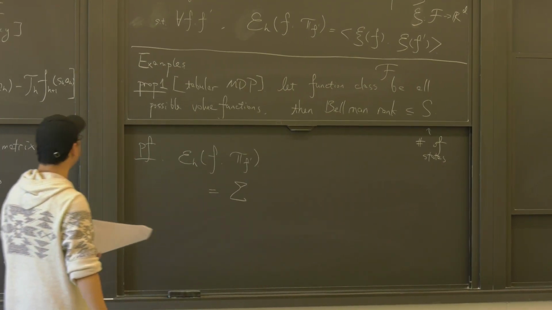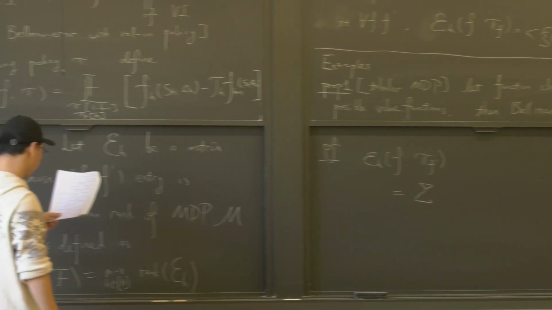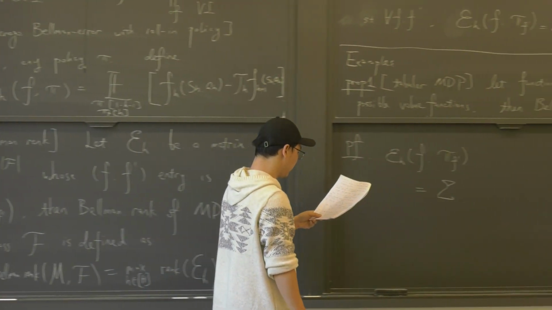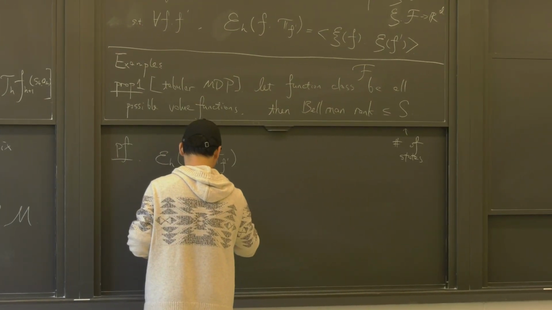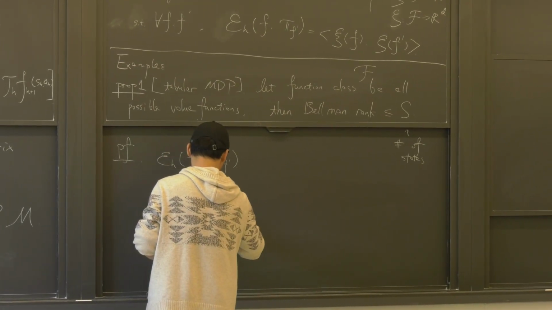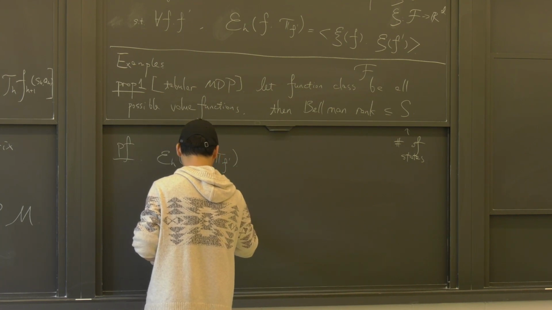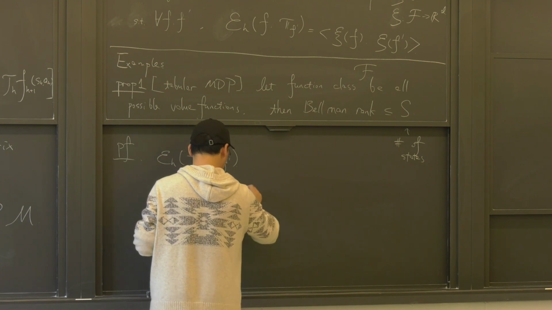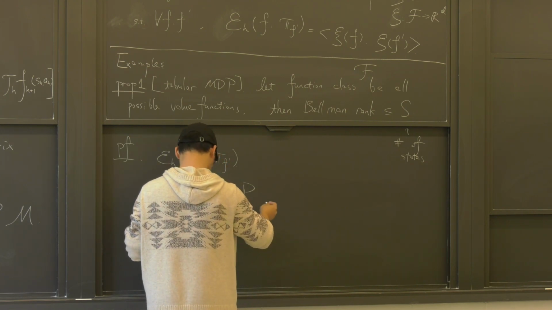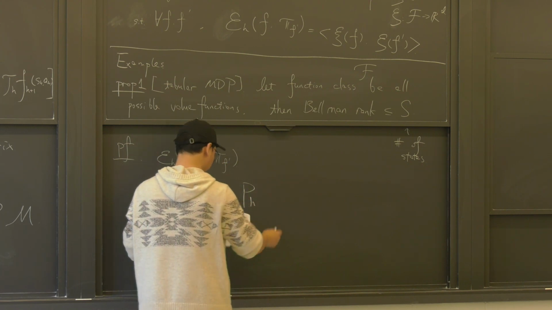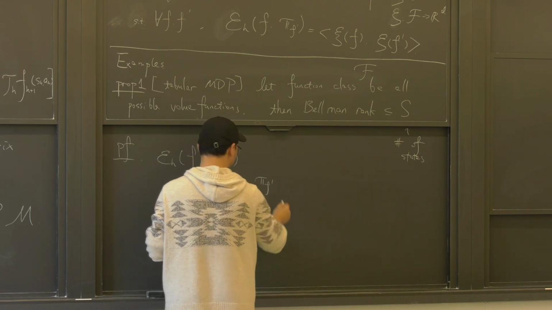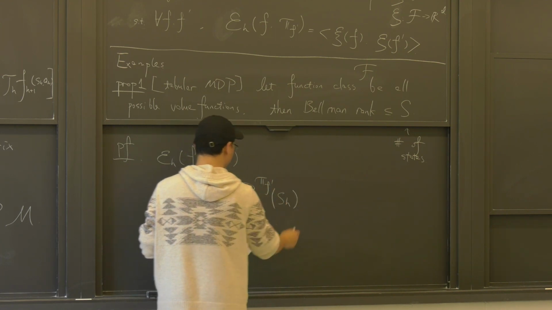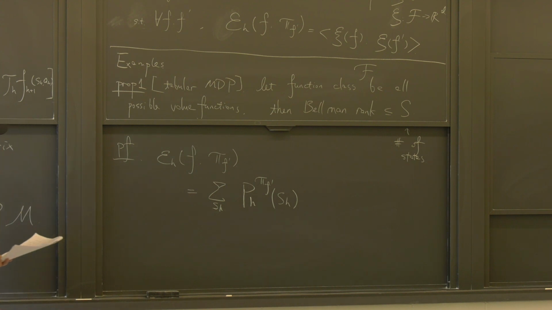So we can explicitly write out the expectation part. We take the expectation over the state s_h, with a summation over the state s_h. The first part is the probability that, following the rollout policy pi f prime until step h, we visit s_h.